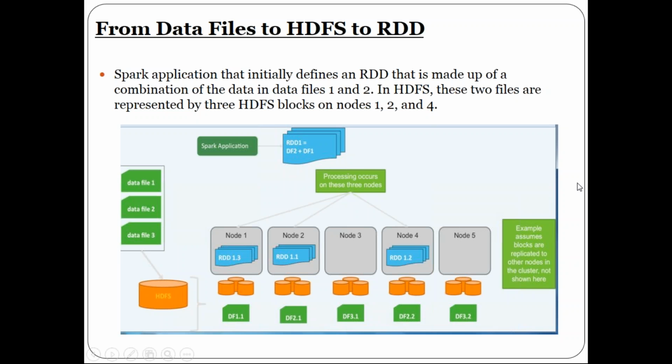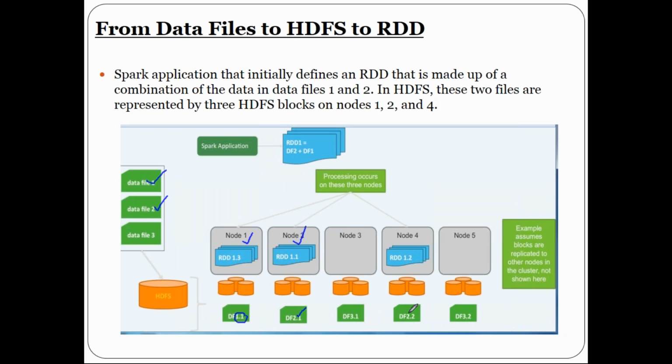Let me take a pen here. Now carefully observe data file 1, data file 2. This data file 1 is on node 1. That is the reason why I'm saying 1.1. This data file 2, this data file 1 is on node 2. That is the reason why I'm saying data file 2.1.